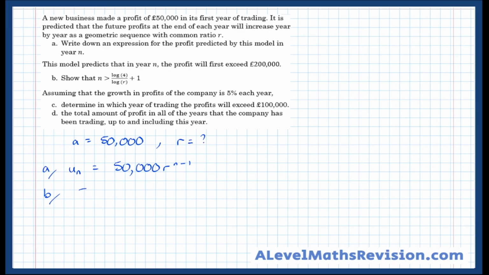So we want the profit in year n, which we know to be 50,000 r to the n minus 1, to be bigger than 200,000. It's exceeding 200,000. So, rearranging that, if I divide by 50,000, I get r to the n minus 1 is bigger than, well, 200,000 over 50,000 is 4.